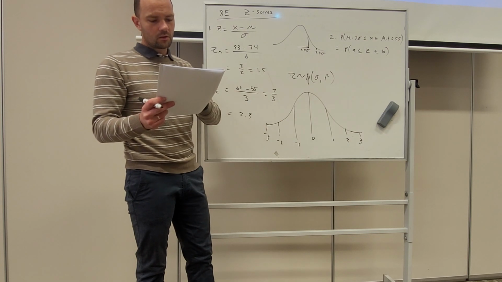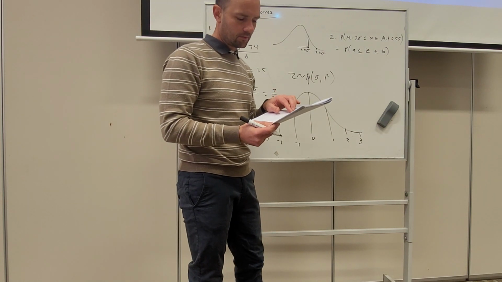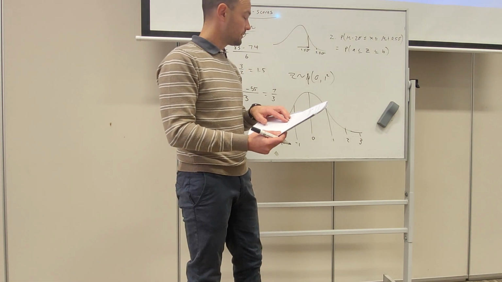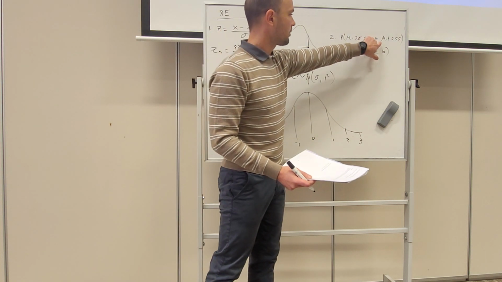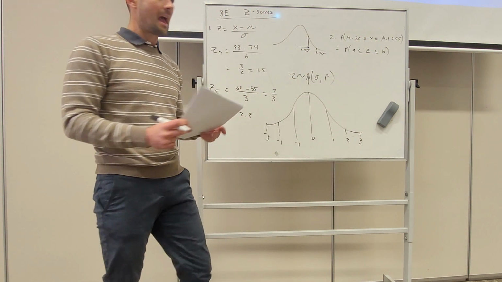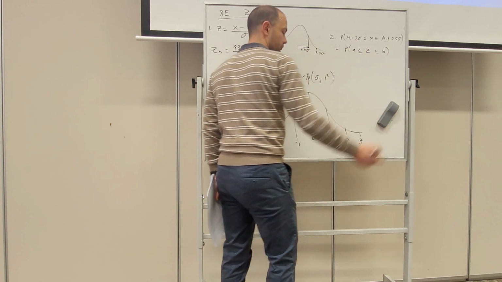Okay, so in this question we've got, given X is normally distributed with a mean and a standard deviation, we don't know what they are. We've got Z is normally distributed with a mean of 0 and a standard deviation of 1. Find a and b such that these probability statements are equal. Now all it means is a has to be 2 standard deviations below the z distribution.